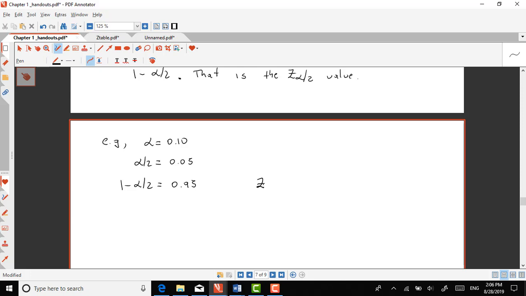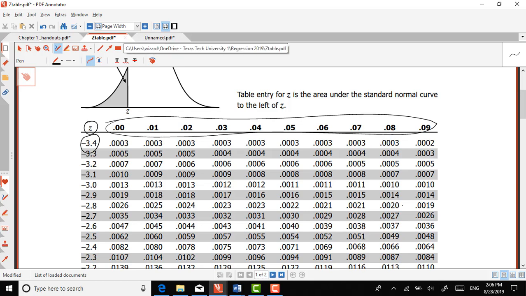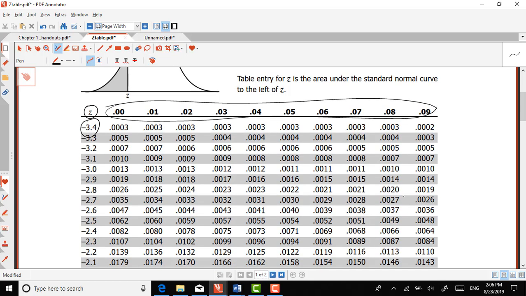So the z alpha over 2 value for 0.10 over 2, which is 0.05, is going to be equal to, so can anybody help me? Again, the probabilities are inside, so we have to be looking for that 0.95.